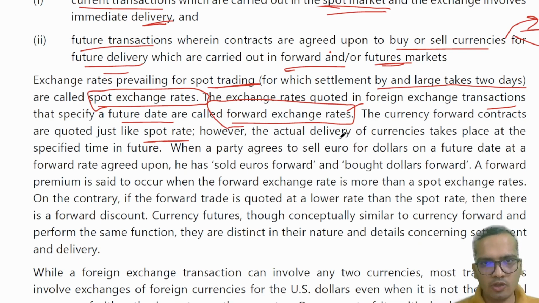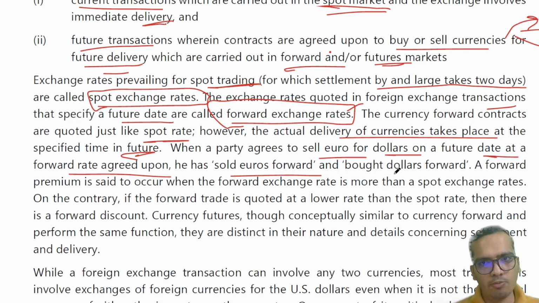However, the actual delivery of currency takes place at the specified time in future. When a party agrees to sell euro for dollars on a future date at the forward rate agreed upon, he has sold euro forward and bought dollars forward. Meaning with the future rate, one side is buying and the other is selling. So that is the future matter.